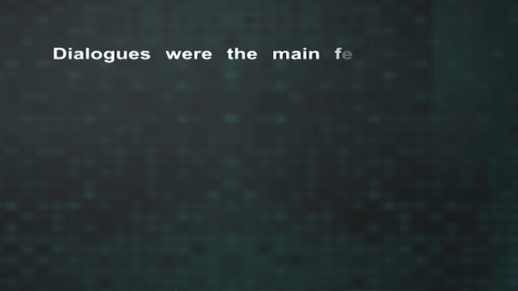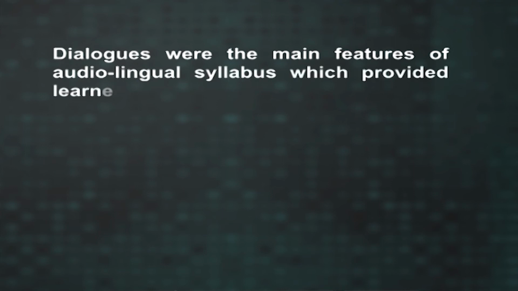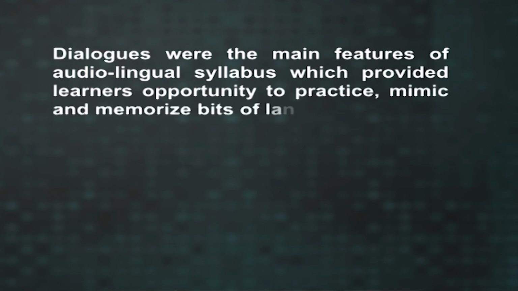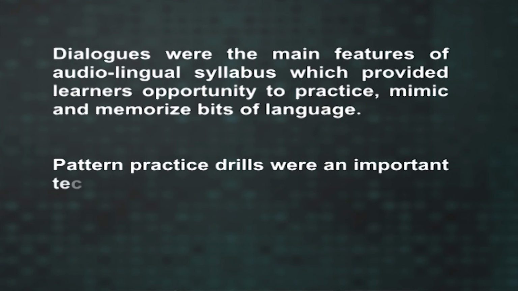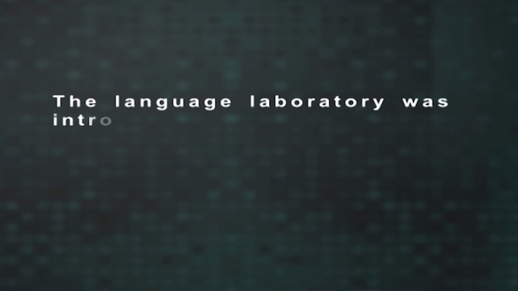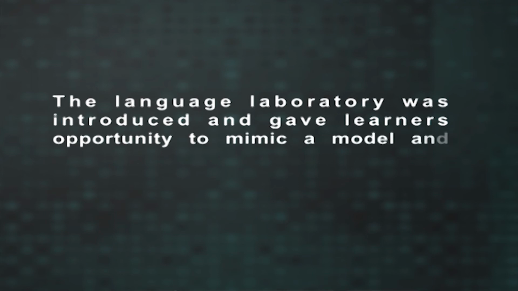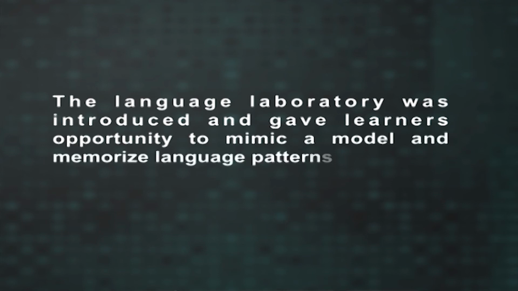Dialogues were the main feature of the audio-lingual syllabus, which provided learners opportunity to practice, mimic and memorize bits of language. Pattern practice drills were an important technique for language teaching and learning. The language laboratory was introduced and gave learners opportunity to mimic a model and memorize language patterns.